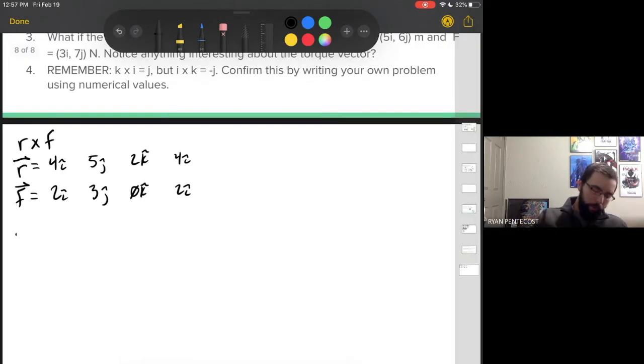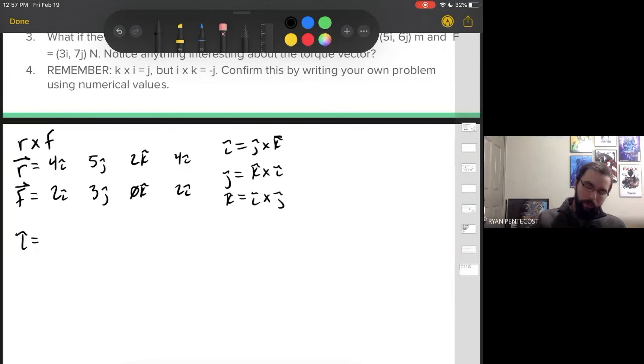So for the torque, if you want your i component, i is j cross k. J is k cross i. And k is i cross j. Now this is how this is going to work.